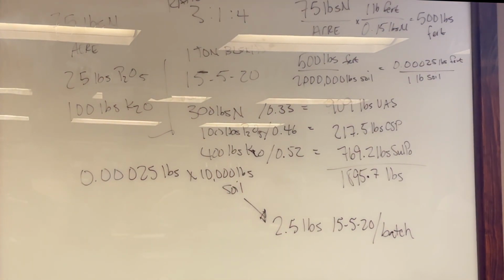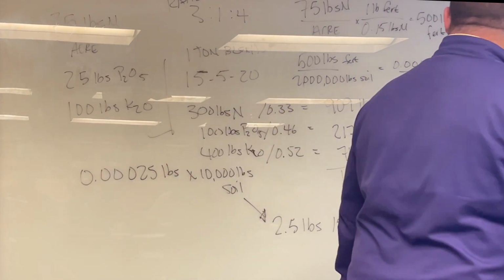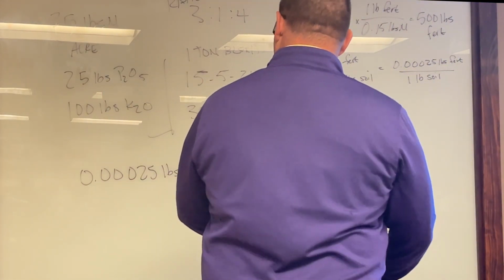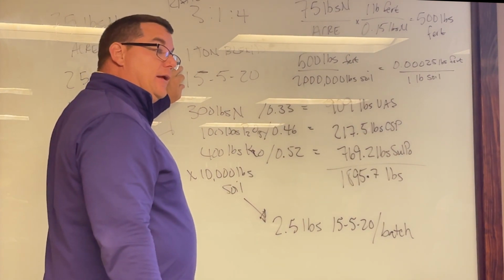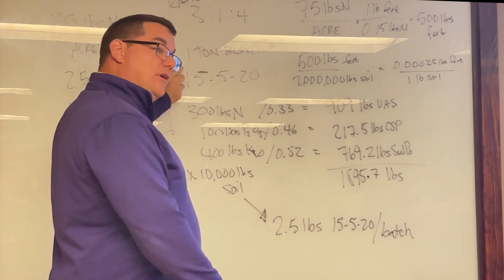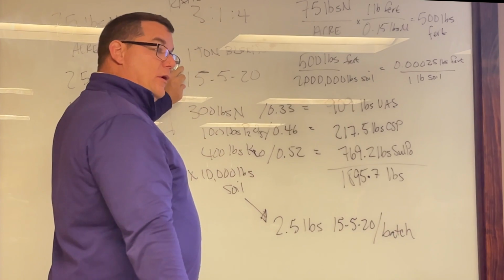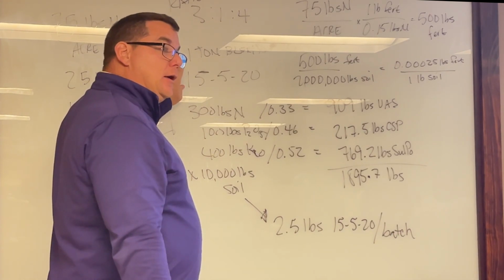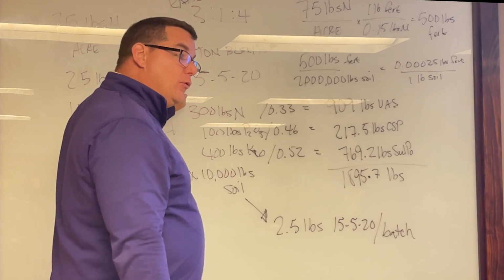Dumb question, but where did the 300, 100, and 400 originally come from again? Right here. 15% of this 1 ton blend is nitrogen. So it's either 2,000 times 0.15 or it's 15 times 20. And remember, I mentioned that there are 20 units in 1 ton.